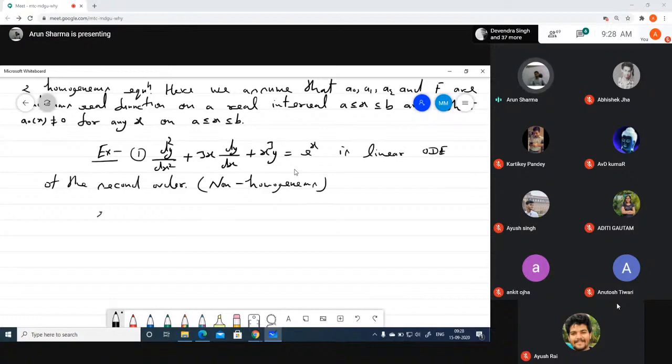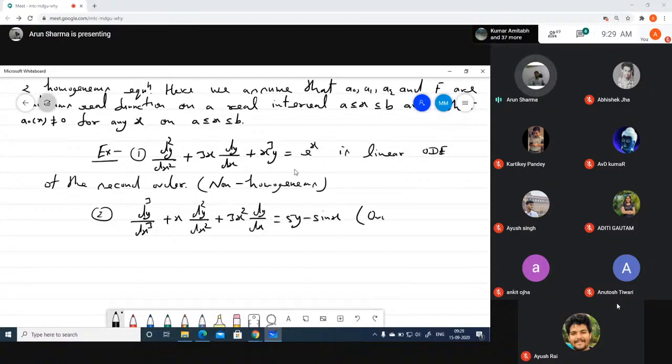Similarly, we have example 2. So if we take d3y upon dx3 plus x d2y upon dx2 plus 3x squared dy upon dx equals 5y minus sin x.